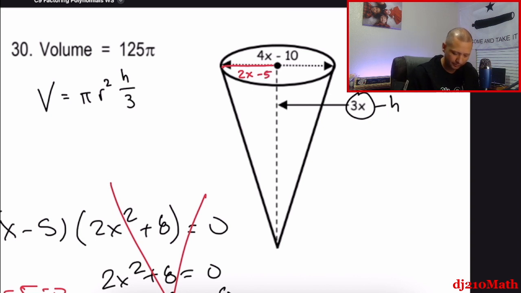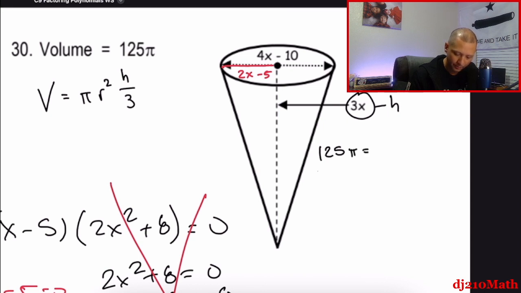Okay, let's put it all together. So volume 125 pi is equal to, what's it equal to?